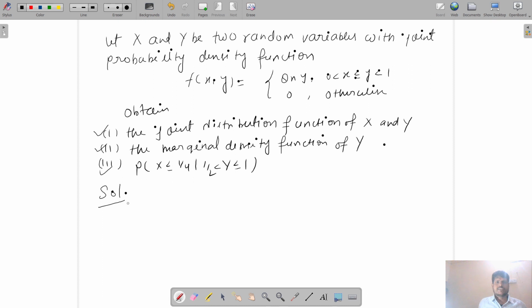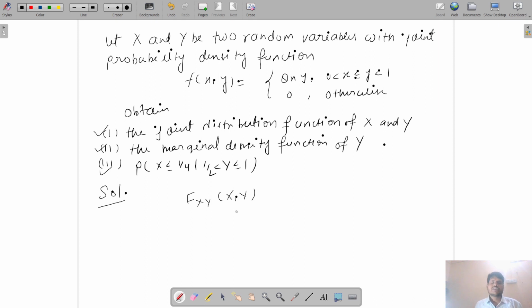So now solution, first part, the joint distribution function of x and y. We will denote the joint distribution function of x and y as capital F with suffix X, Y, capital X comma Y. This is the notation.